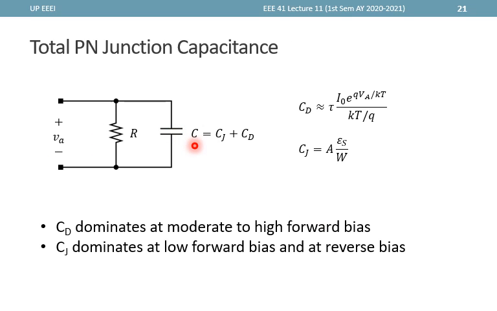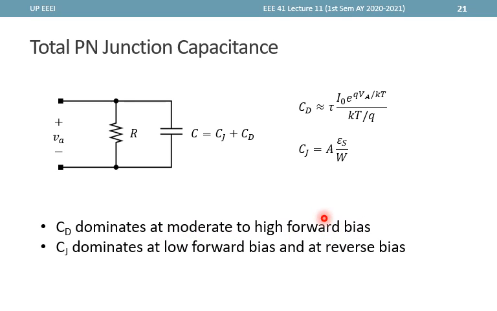So now we know that the small signal capacitance of the diode has two components: the junction capacitance, which is the parallel plate capacitance, and the diffusion capacitance related to the charge at the quasi-neutral regions, and they are actually acting in parallel. So we simply add them. Now we know that CD dominates at moderate to high forward bias.